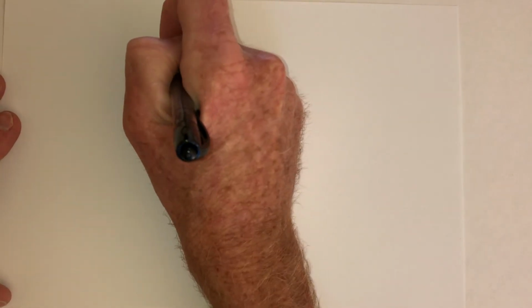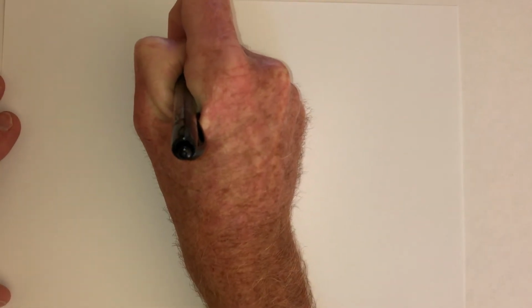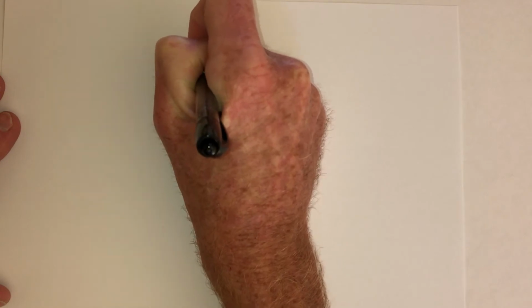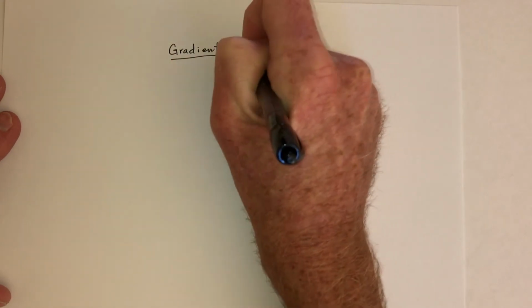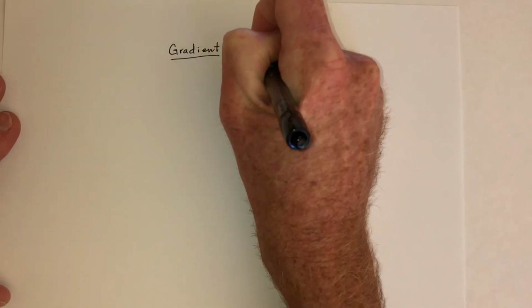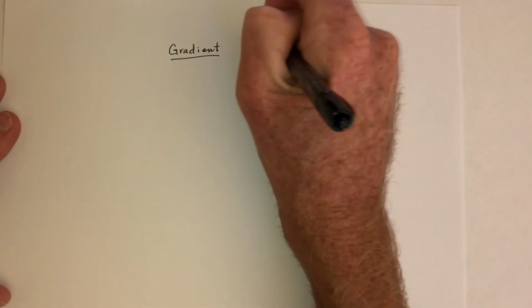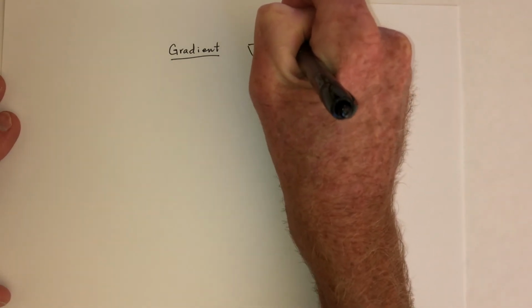Okay, then on to the second half of today's show, and that is the gradient. So the notation for the gradient is this upside down triangle that's also known as del.